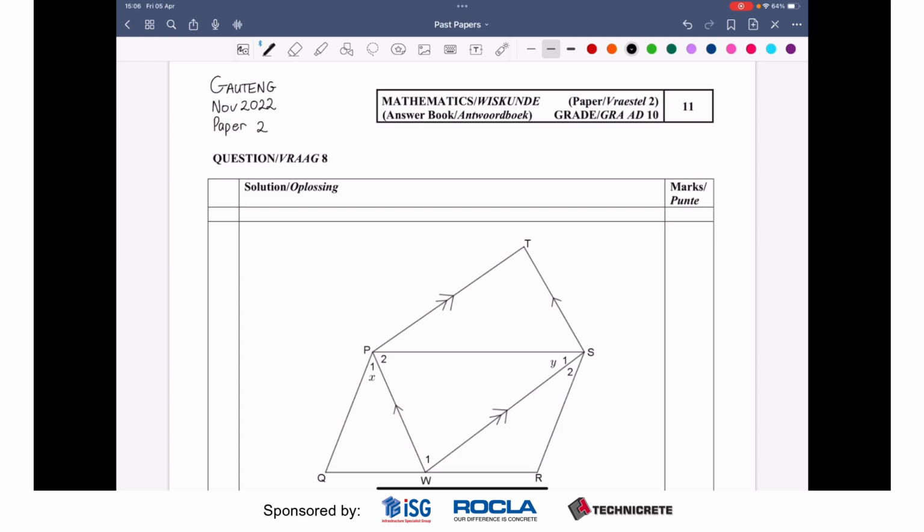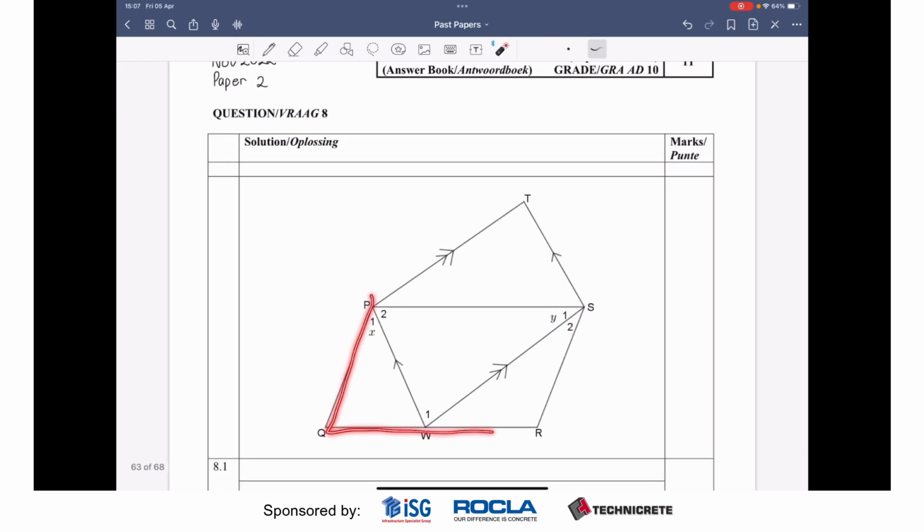Gauteng, November 2022, Maths Grade 10, Paper 2, Question 8. I'm given this parallelogram PQRS, that is this one, and I'm told that PW bisects this angle QPS. So if this is bisected, then that means that this angle is equal to this angle.